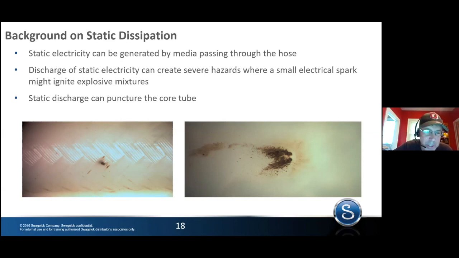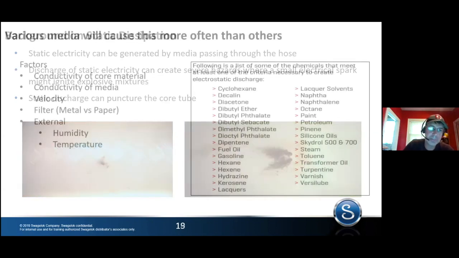Same thing happens in a hose. The electrons need to jump to the closest conductive material, which is the braid on the outside. When that happens, a spark shoots through the Teflon core, creating a pinhole leak. And the hose then obviously is failing, and the hose has different pinhole leaks throughout it. So this creates leaky hoses.